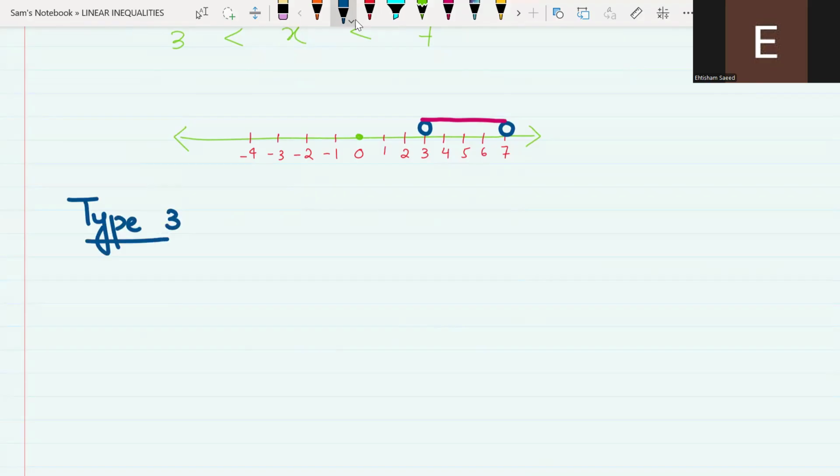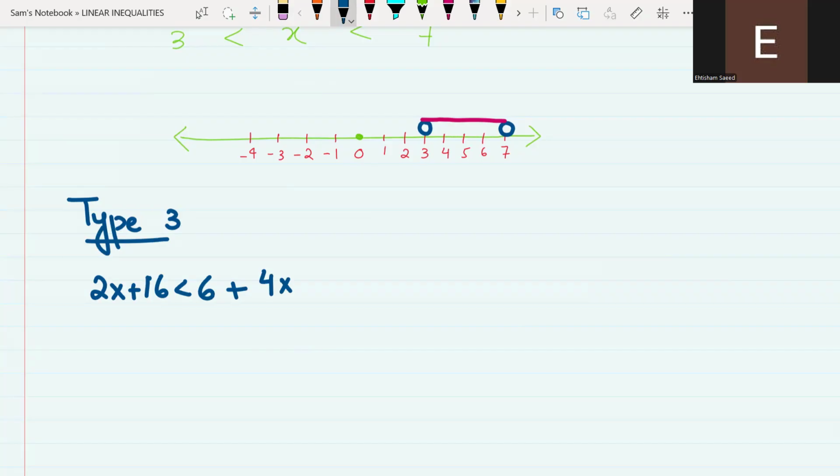In type 3, for instance, I'm having 6 is 2x plus 16 is less than 6 plus 4x.